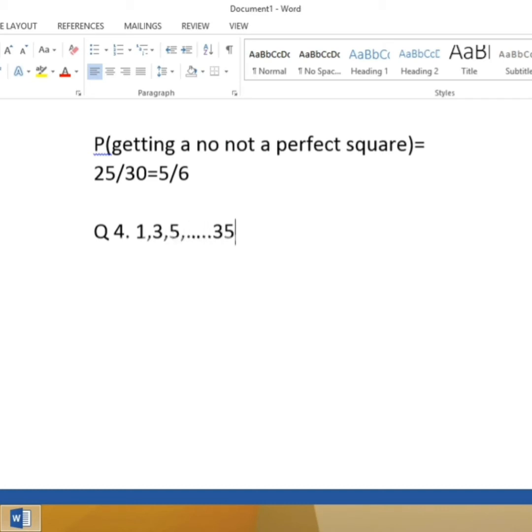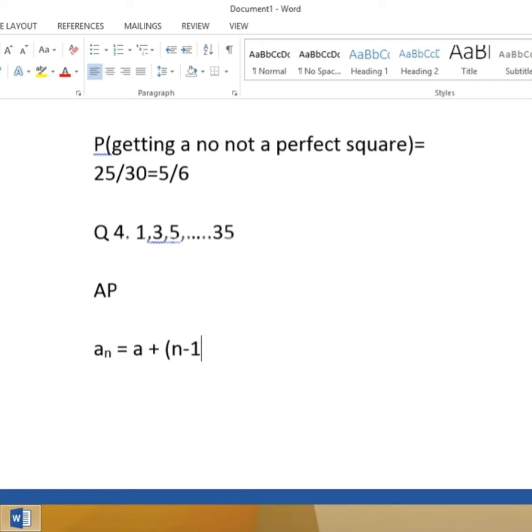Numbers from 1 to 35. If you see the pattern, it's an odd number. So in general, we know the arithmetic progression formula: an equal to a plus n minus 1 into d.